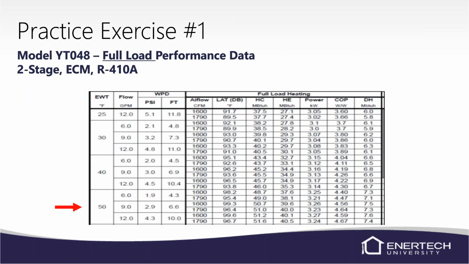We'll go down to the 50-degree mark. We had a 3-pound pressure drop. We follow that down. 2.9 is pretty darn close. That's good enough for me. So that tells us we're moving 9 GPM. A 2.9 pound pressure drop is equal to 9 GPM.